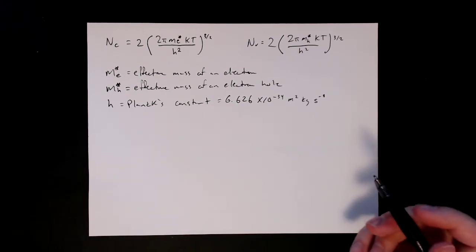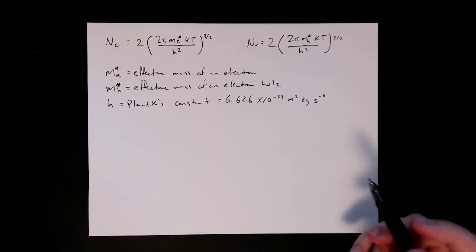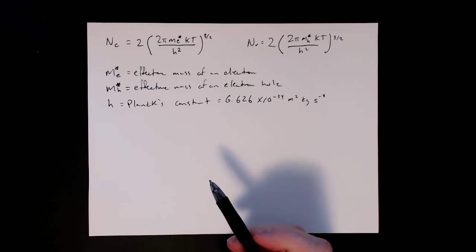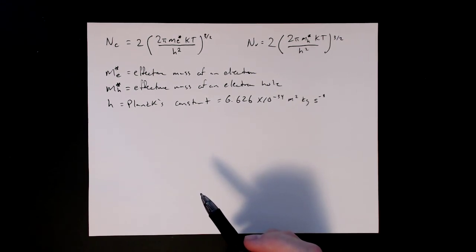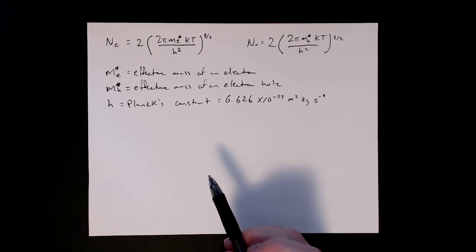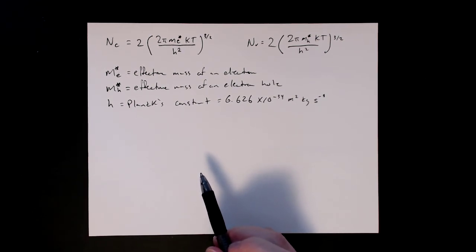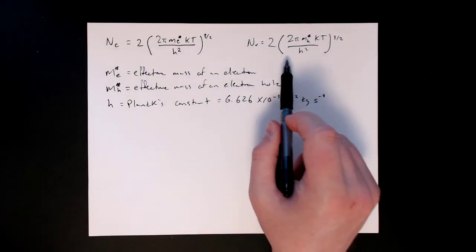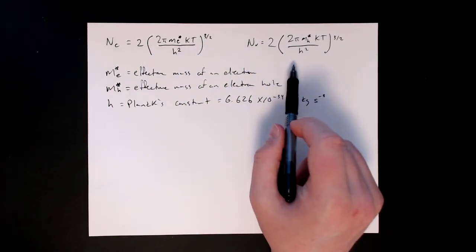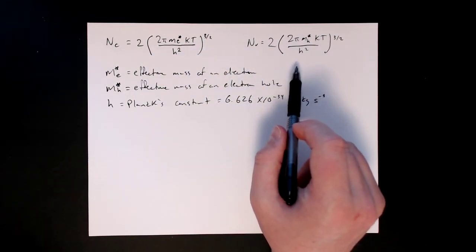If we think back to statistical mechanics that we talked about for Boltzmann's equation, you can think of this density of states as the number of sites or energy states that we have for our electrons or electron holes. So in the conduction band, and how many sites or energy states we have in the valence band.